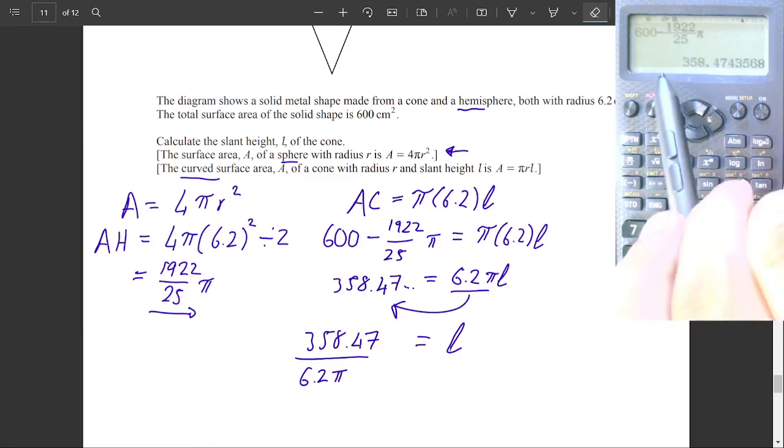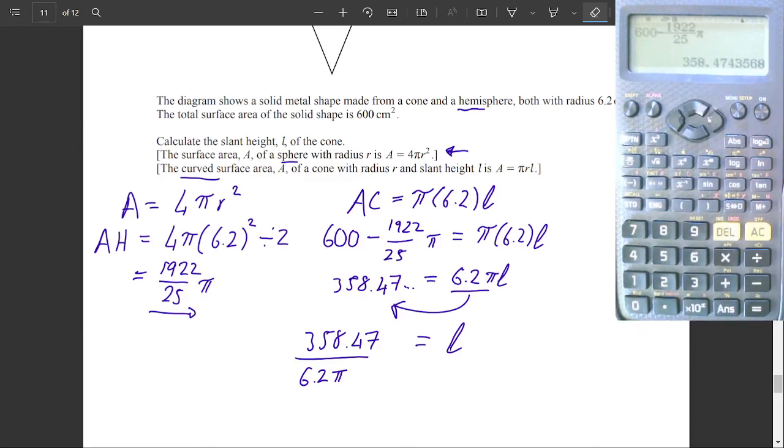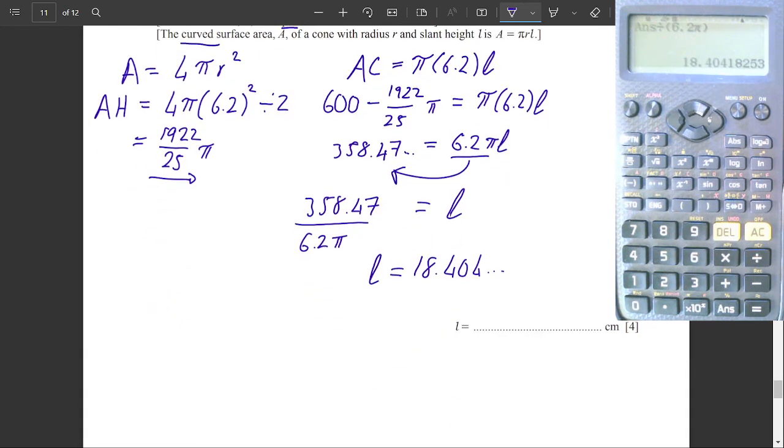So all I need to do is take this answer, 358.47, and divide it by 6.2 pi, and get the right answer. 18.404, etc. Rounded to 3 significant figures, 18.4.